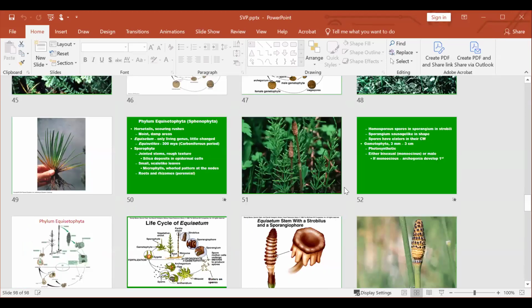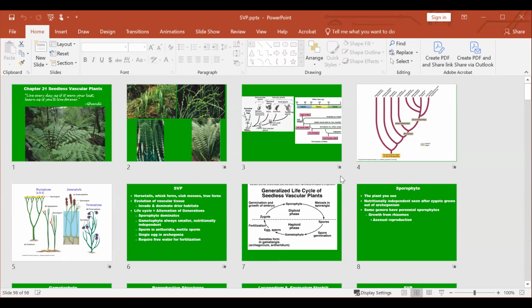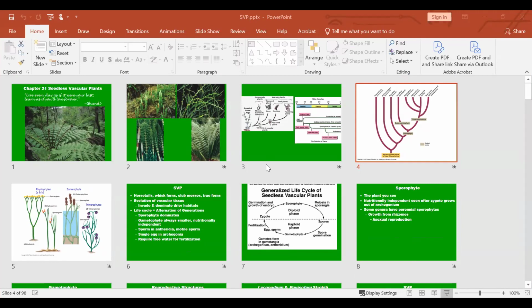Let's see. Okay, so let me go back to the top here. We were looking at, after the bryophytes, the moss, into the seedless vascular plants. With the seedless vascular plants, I'll be asking about their characteristics.